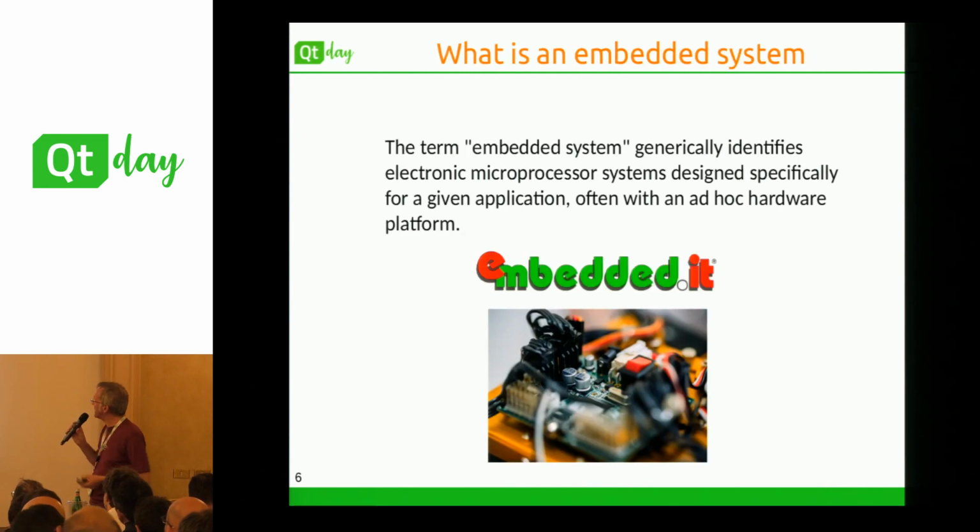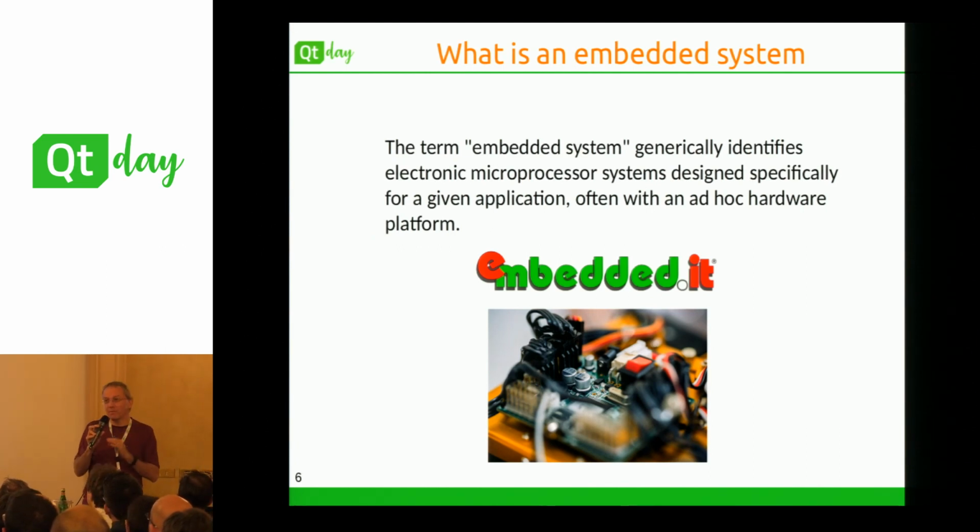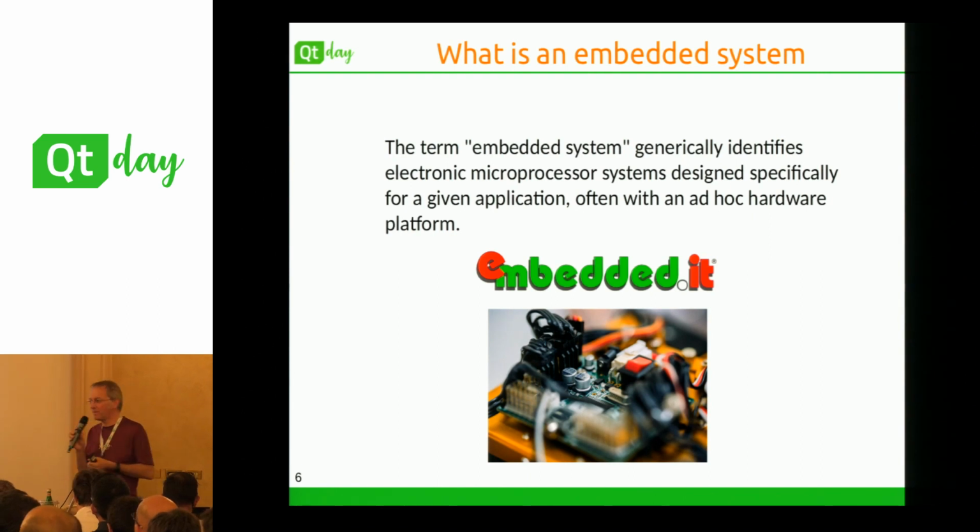So what is an embedded system? An embedded system is nothing more than a normal PC with limited resources. The limited resources are typically due to a small amount of memory and a limited amount of disk space.